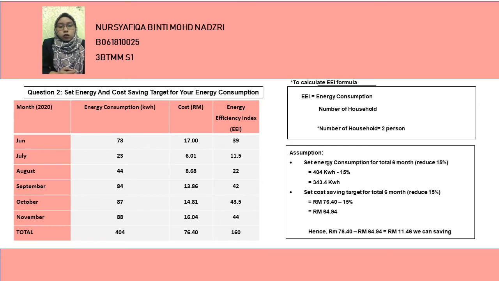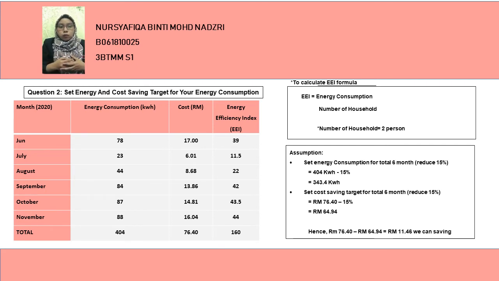So the total energy consumption in 6 months, June until November, is 404 kilowatt and the cost is RM 76.40. To calculate the energy efficiency index, which is EEI, the formula is energy consumption divided by the number of households.